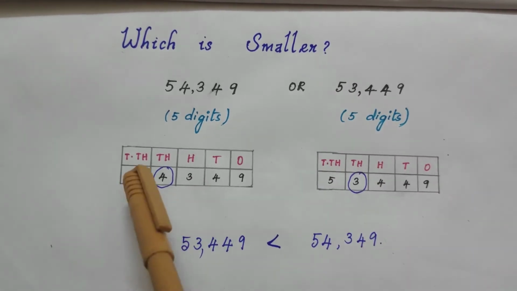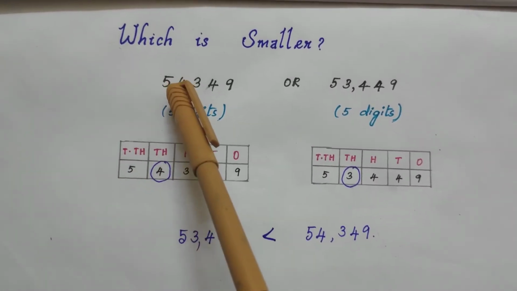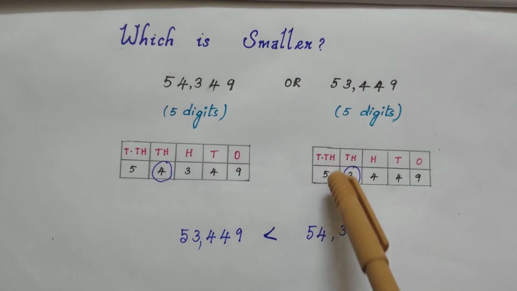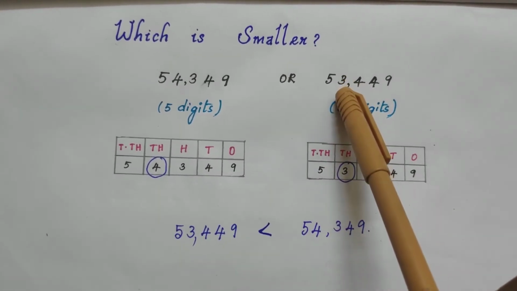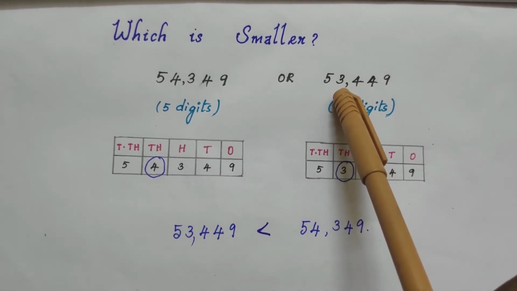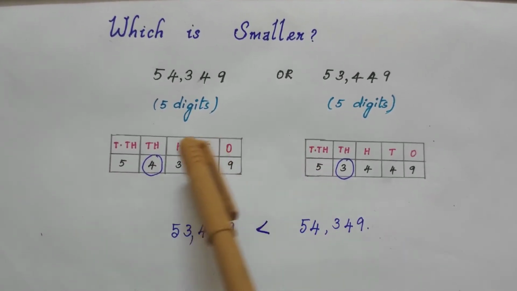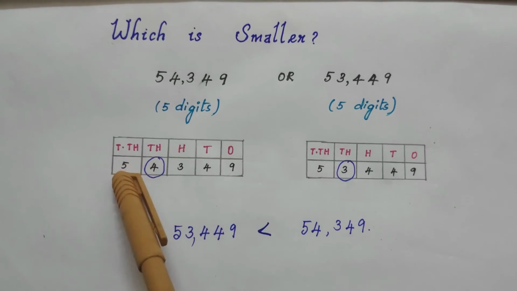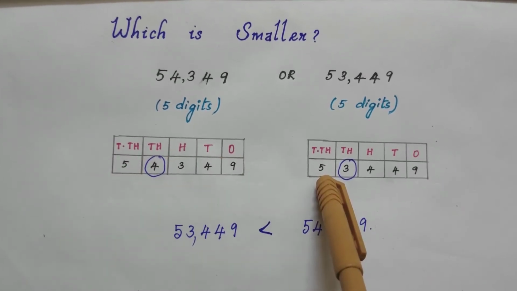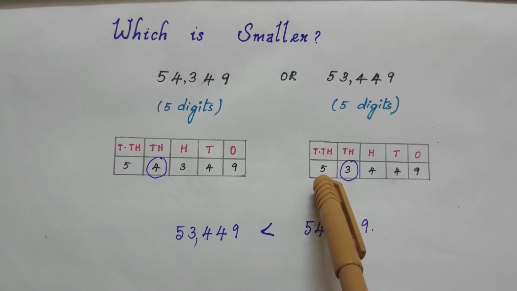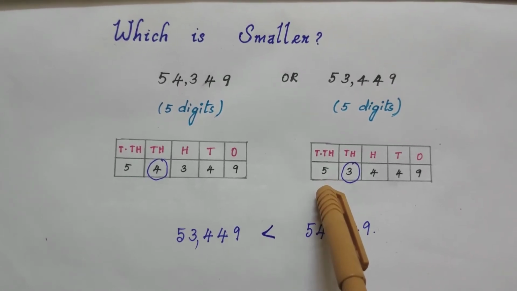It is placed in 10,000s column. Both the numbers of the first digit are placed in 10,000s column. It is equal.